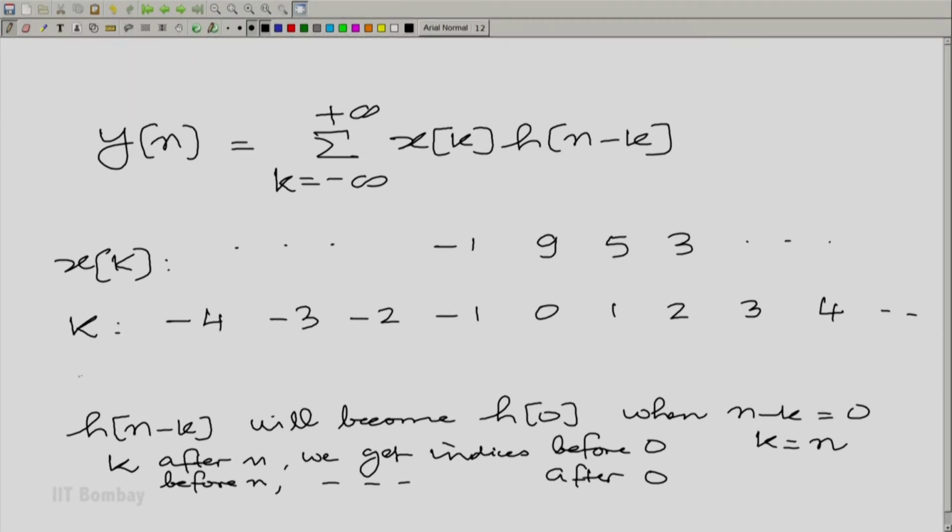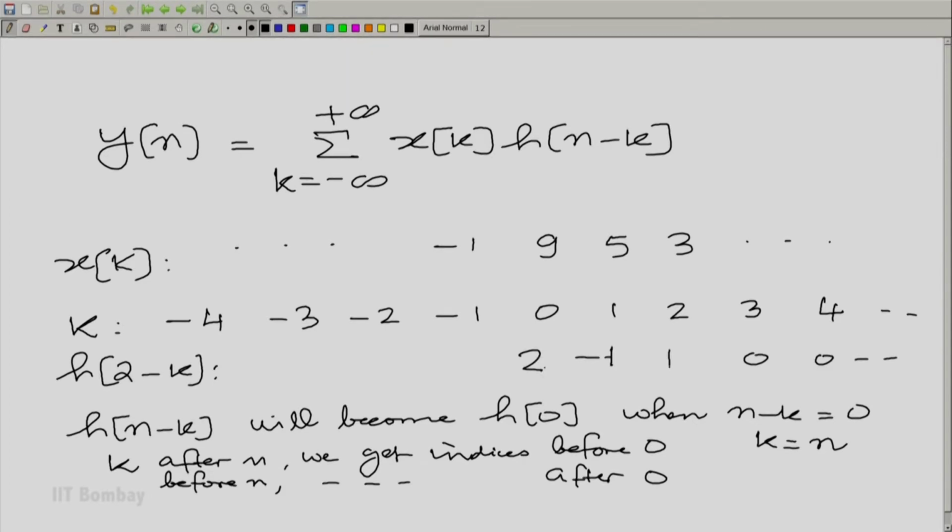So, let us for example put down h of 2 minus k. You see, at k equal to 2, that is here, we put down h of 0, which is 1. For k after 0, we put down indices before. So, indices before are all 0. So, we get zeros here. And for k before n, we get indices after 0. So, 0 here, 1 there and 2 here.